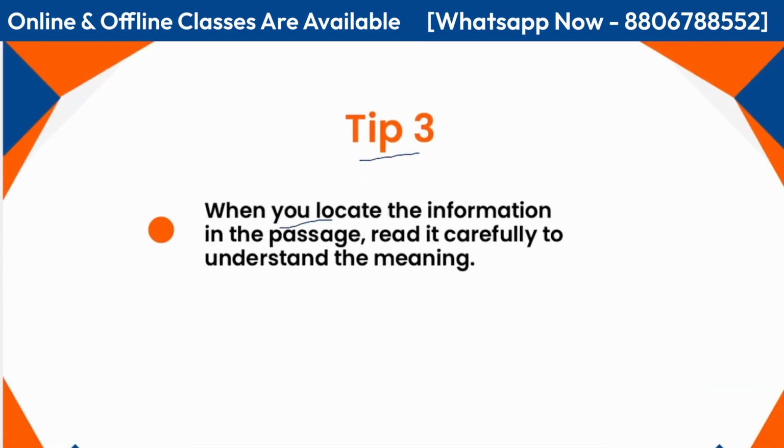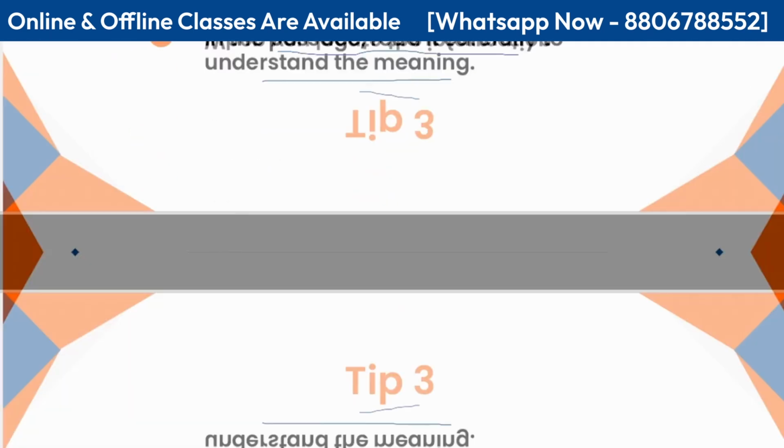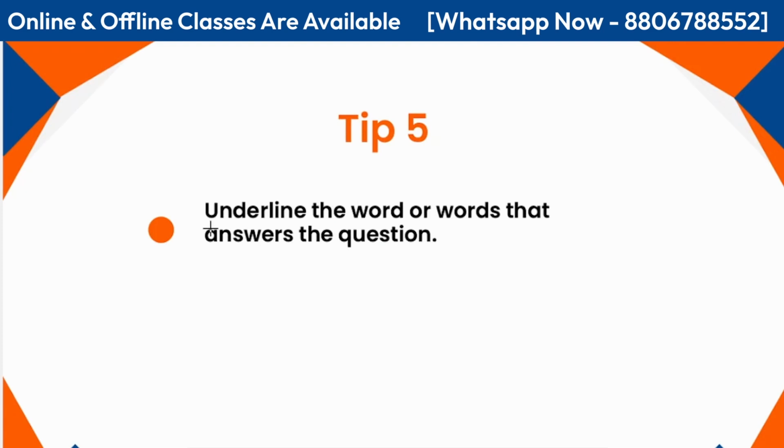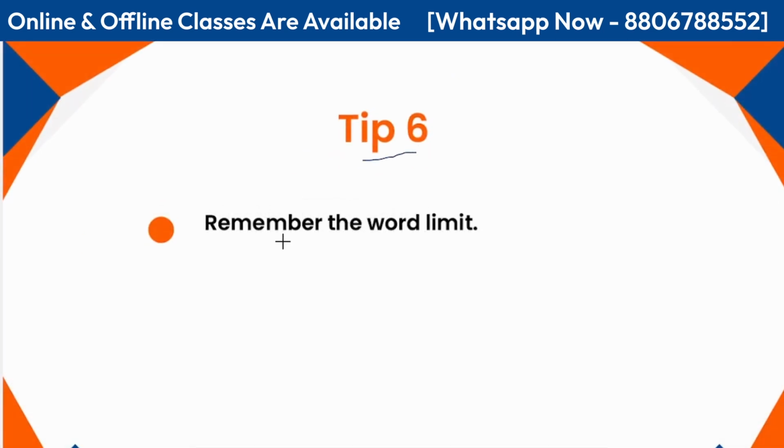When you locate the information in the passage, read it carefully to understand the meaning, which is very important. Tip number 4 is read the question again for accuracy. Tip number 5 is underline the word or words that answer the question. Tip number 6 is remember the word limit.